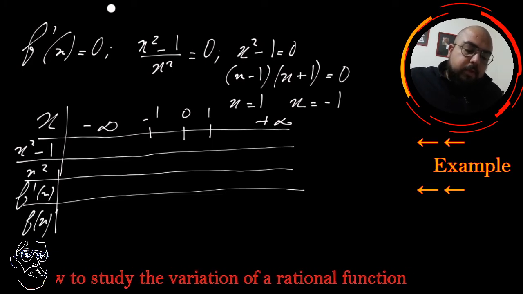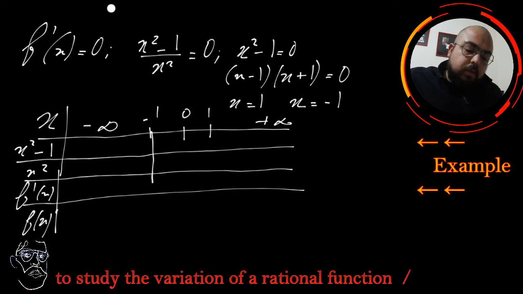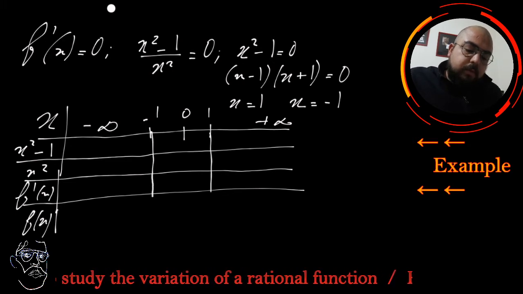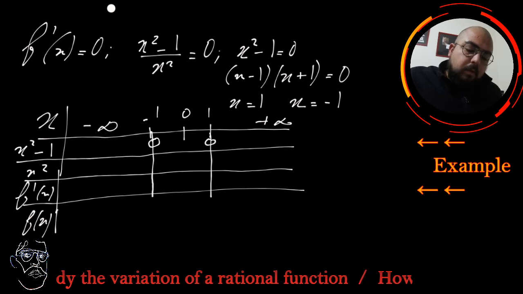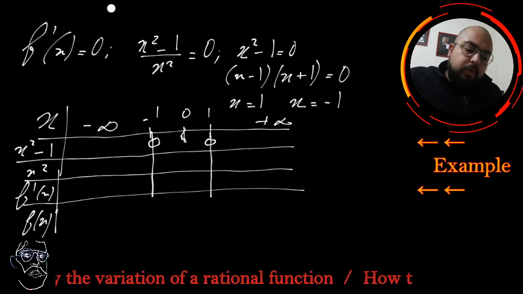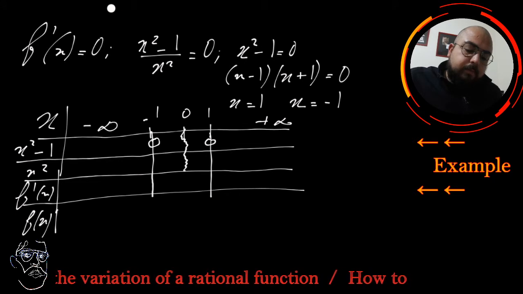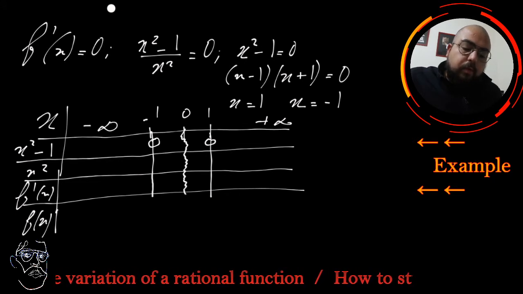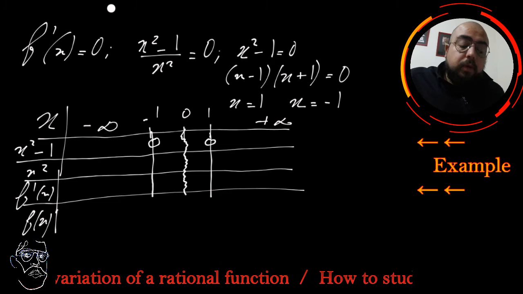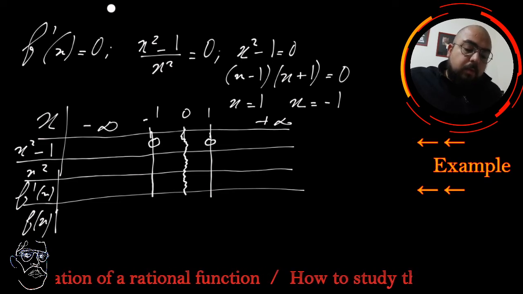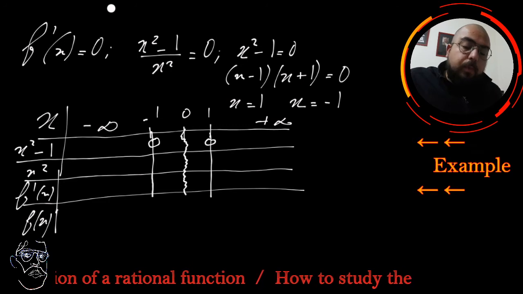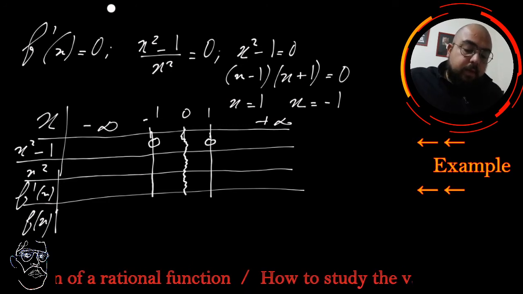X squared minus 1, it will be 0, 0. For x is equal to 0, it's a shaded part. It's a value that we have already rejected. It's a discontinuous part. So x squared minus 1, 0, 0. Between these two zeros, it's the opposite sign of the coefficient of x squared.